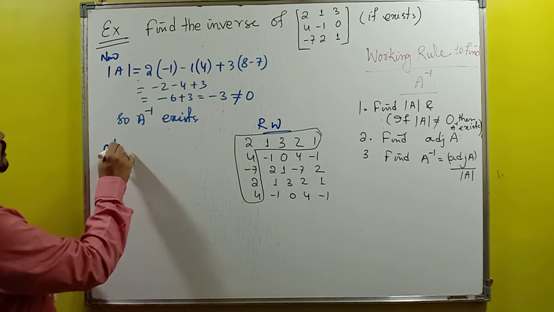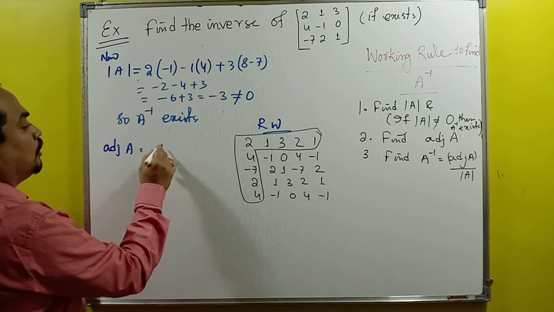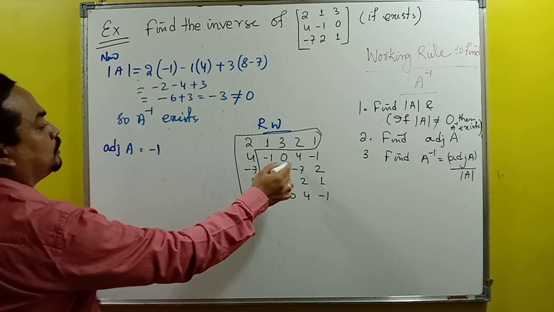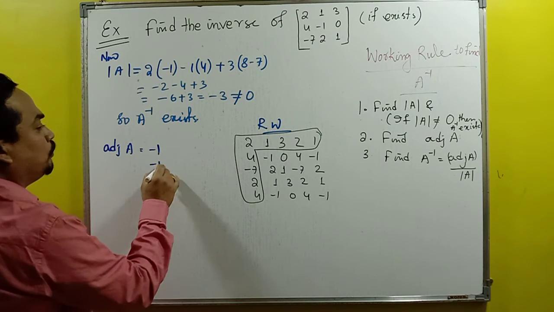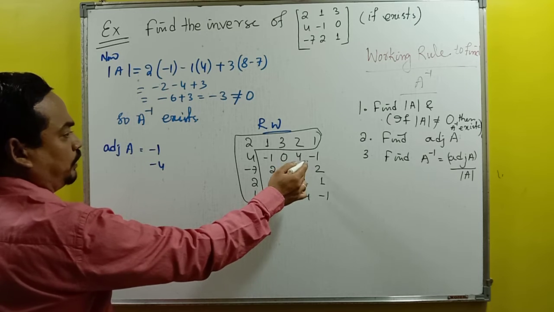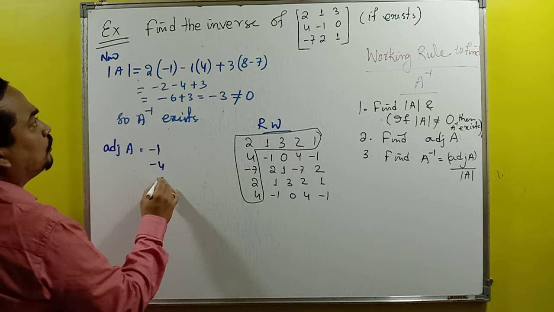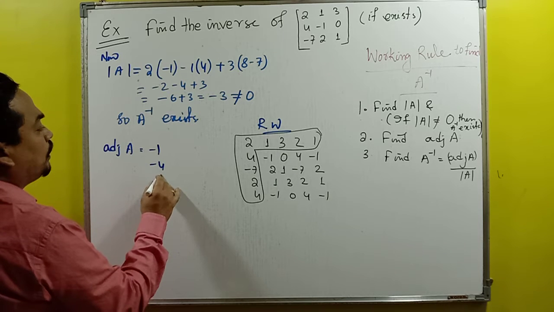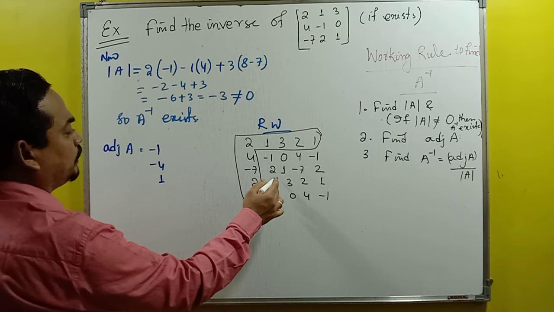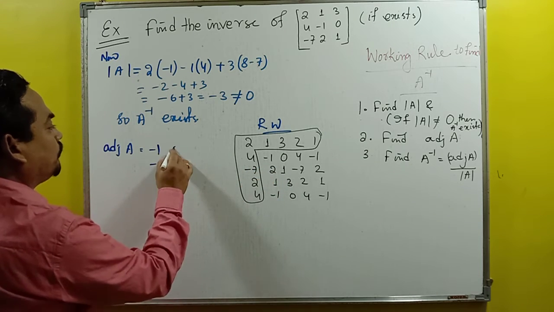The adjoint of A is equal to: it is 1 minus 1, and this will be minus 4. This is equal to 8 minus 7, which is 1. And next, coming to the next column, it is 6 minus 1, which is 5.